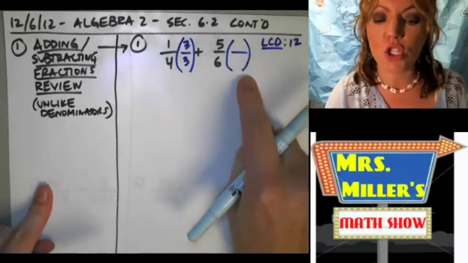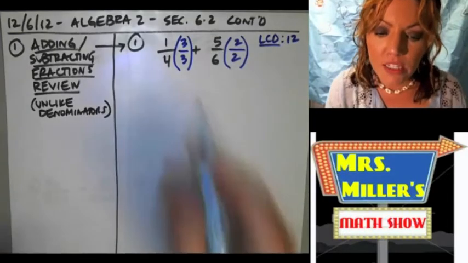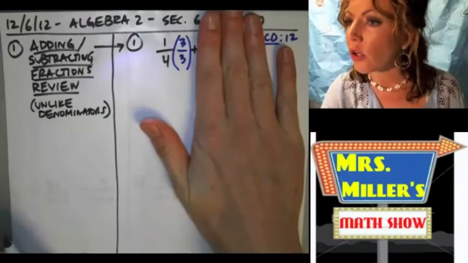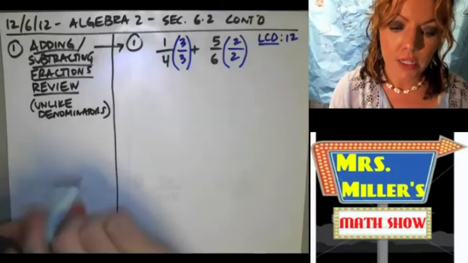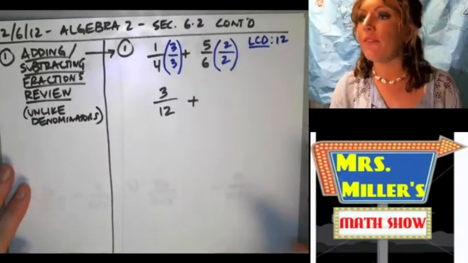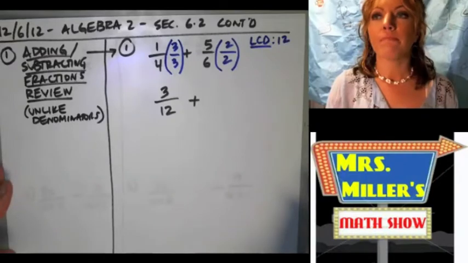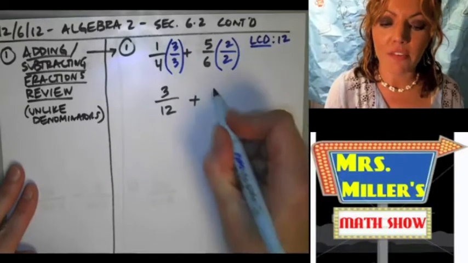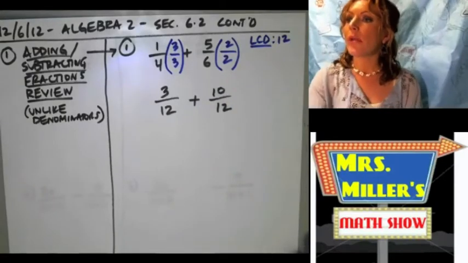Okay, good. So somebody tell me when I multiply this first fraction, what do I get? 1 times 3 over 4 times 3. Aiden. 3 over 12. Everybody give it up for Aiden. Okay, next one. 5 times 2, 6 times 2. Aiden. 10 over 12. So when we add these straight across, everybody shout it out.